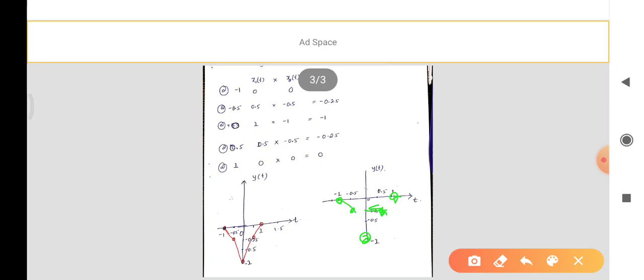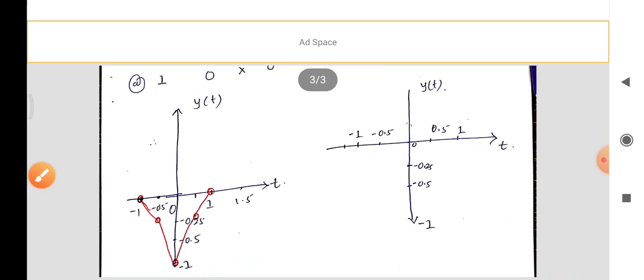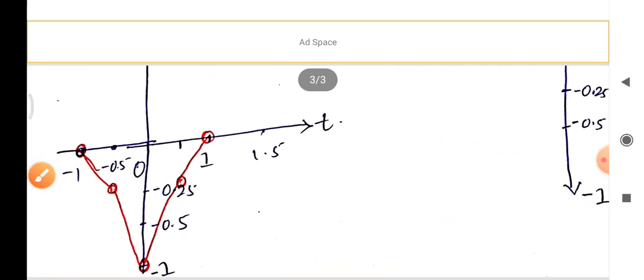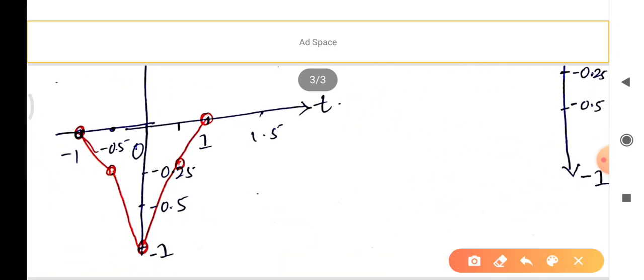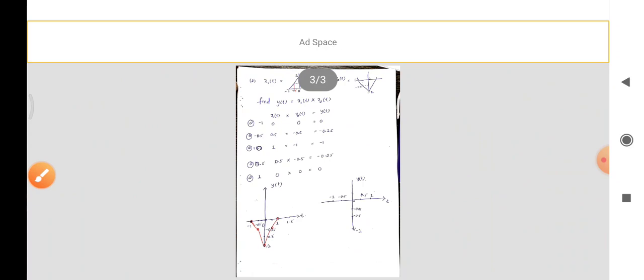So when you draw this, it will be like this. You can observe what we have done. This is how the basic operation of multiplication can be done.